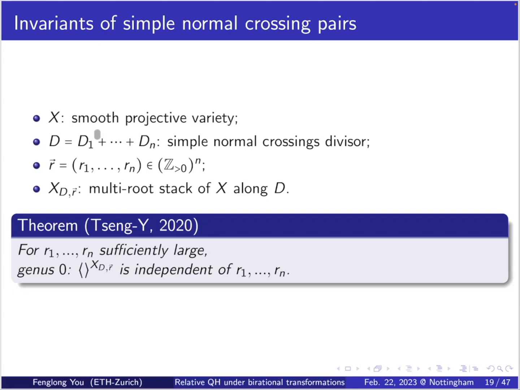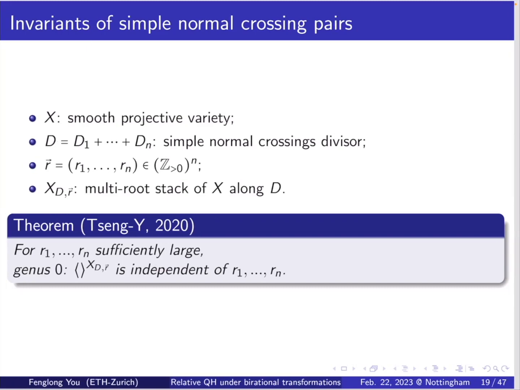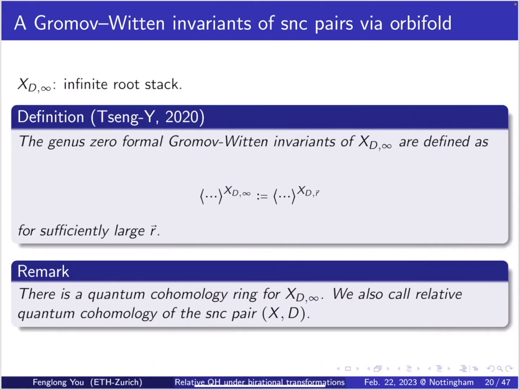We can have a root construction along each of the irreducible components of the divisor, and then take these roots to be sufficiently large and get some Gromov-Witten theory of the simple normal crossing pair. So in the paper we call this Gromov-Witten invariants of infinite root stacks, because it's a limit of these root stacks.